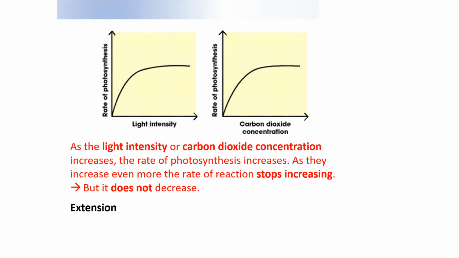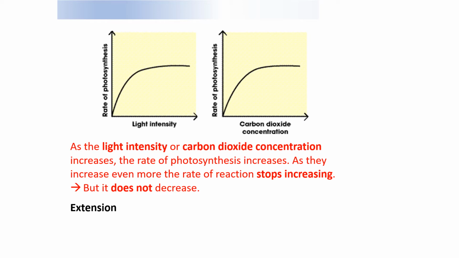as the light intensity and carbon dioxide concentration increase, the rate of photosynthesis increases until a certain point. After that, even though the light intensity and carbon dioxide concentration increase, there is no effect on the rate of photosynthesis. But it doesn't decrease. The reason why?